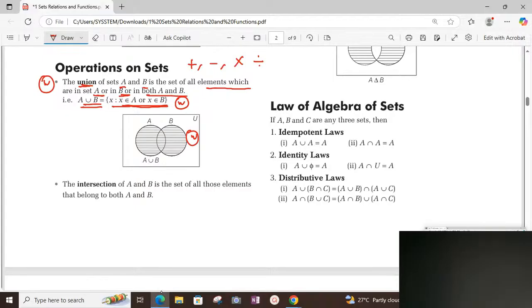I hope there is no problem understanding the union of two sets.